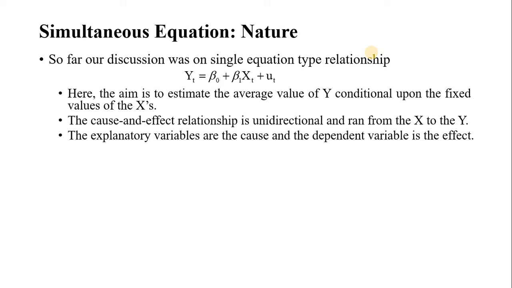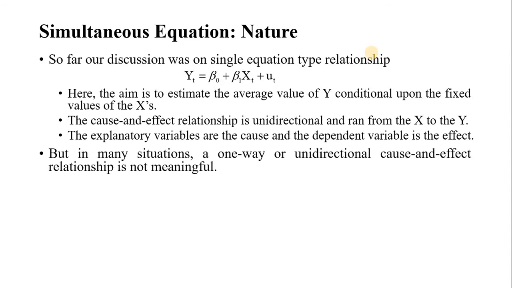We assume that this cause and effect relationship is unidirectional, that is, x will influence y, and y will not influence x. The explanatory variable is the cause and the dependent variable is the effect. This is what we call single equation type models, and what we have discussed so far is this type.